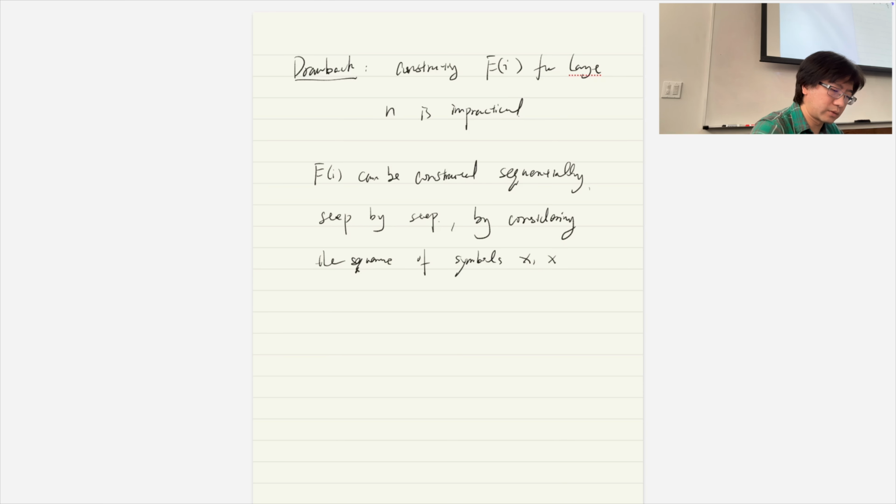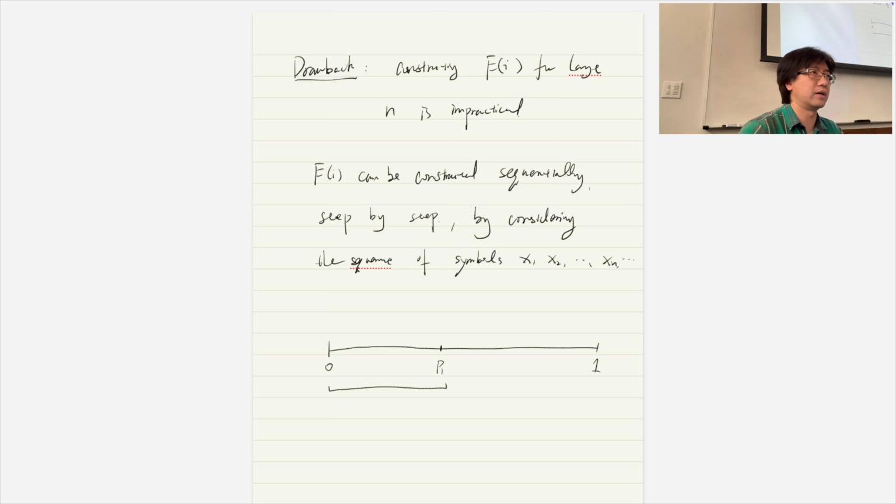So basically what we do in practice is that, from the beginning we have from 0 to 1, and then we have some interval, for example, to represent P1, and this is for symbol 1. And then for the next symbol, we consider this interval again as a whole interval, and then maybe add another point here.